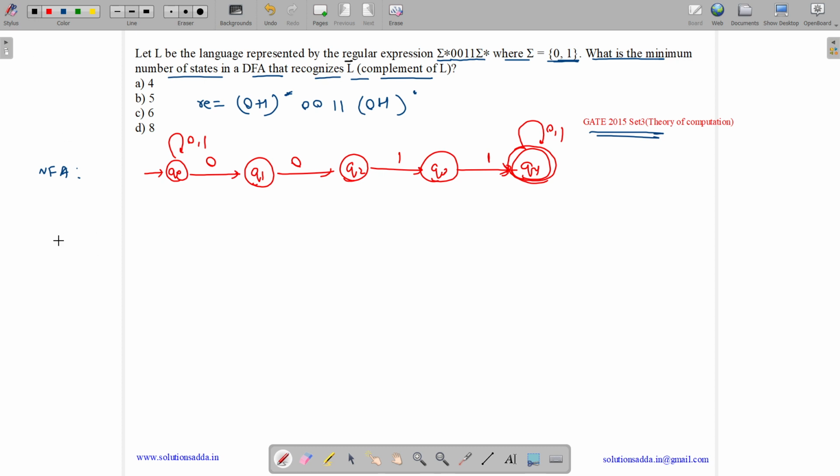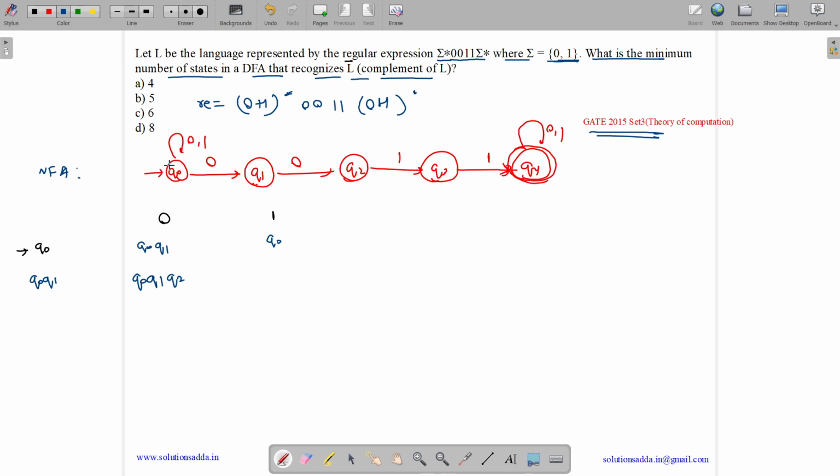How do we convert? We have input alphabet 0 and 1, and Q0 as the initial state. Now Q0 on 0 remains on Q0 and goes to Q1, and Q0 on 1 remains at Q0. Now we will take Q0 Q1. Q0 on 0 remains in Q0 as well as Q1, and Q1 on 0 goes to Q2.